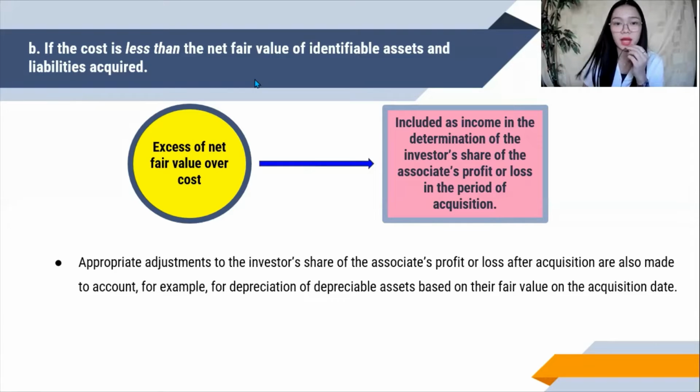Baka may mga negative attributes si investee, such as hindi magandang reputation niya, or hindi maganda yung pag-aalaga niya sa employees niya, mga ganun, etc. Alam naman natin na kapag may negative attributes si company, of course, it also has a negative effect sa kanyang value. So, baka dahil sa negative goodwill na meron or sa negative attribute na meron si investee, kaya mababa yung pagkakabili natin sa interest na na-acquired natin.